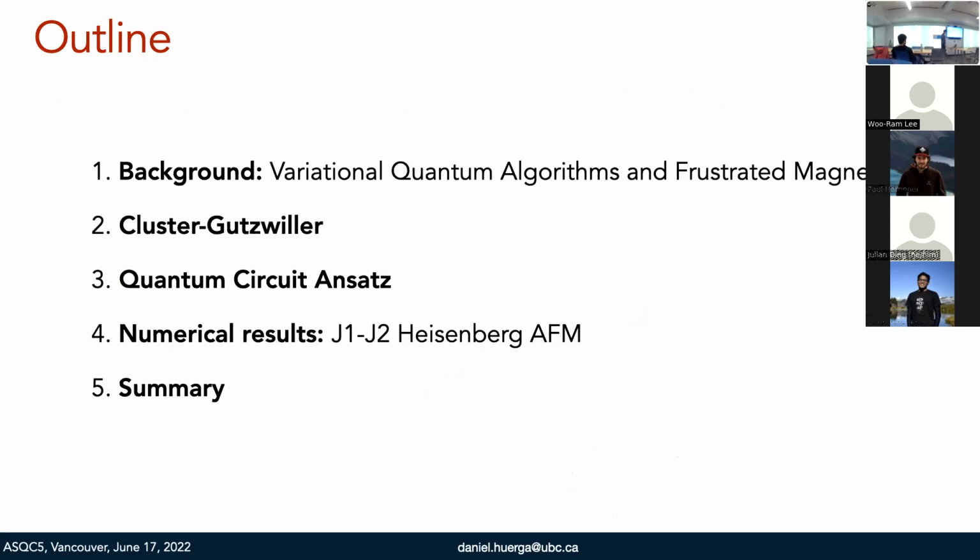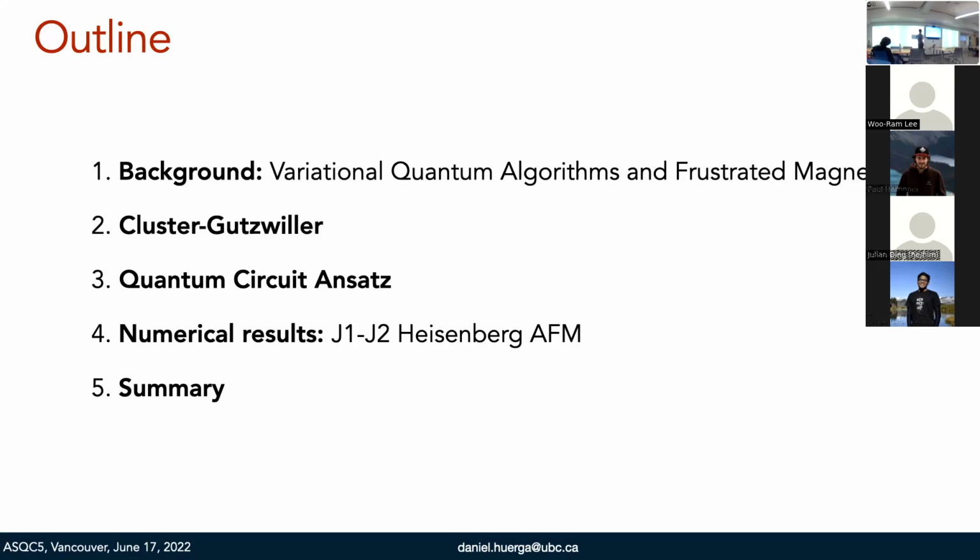So the outline is as follows. First, I will give you some words about variational quantum algorithms, a general framework, potentialities and known limitations from recent works, and a few words about frustrated magnets in 2 dimensions.